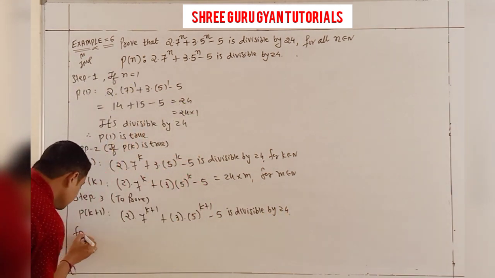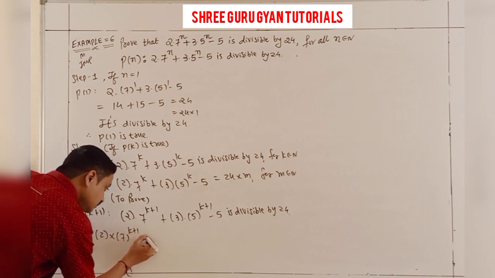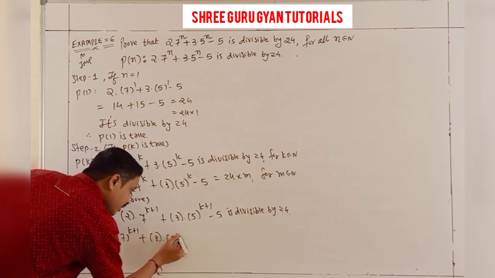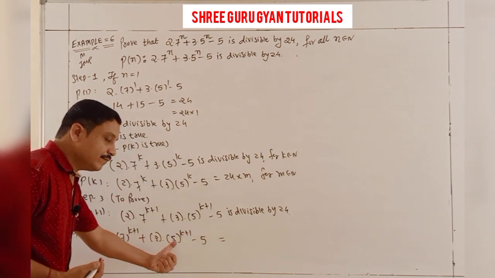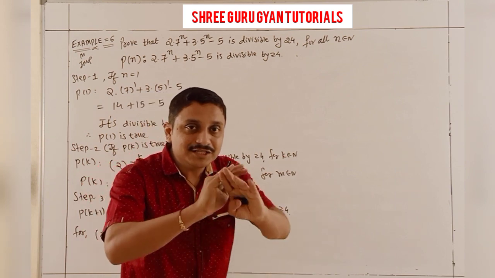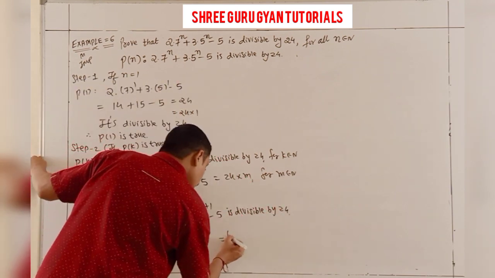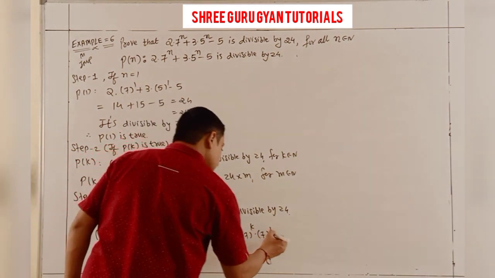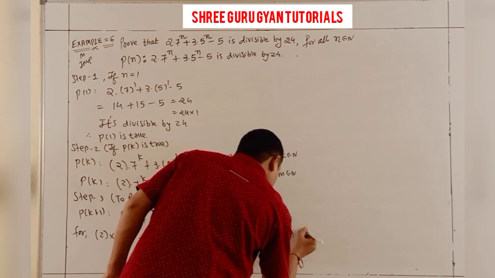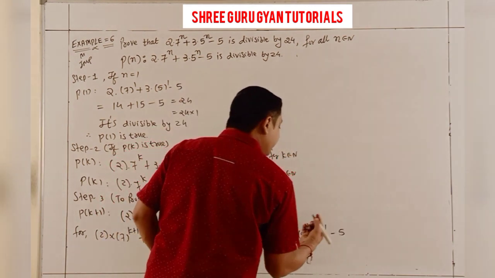My calculation starts here for the value 2 into 7 to the power k plus 1, plus 3 into 5 to the power k plus 1, minus 5. Only the power k changes in terms of step 2. So 2 into 7 raised to k, 7 raised to 1, plus 3 into 5 raised to k, 5 raised to 1, and minus 5.